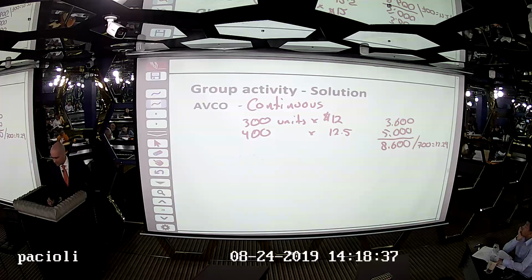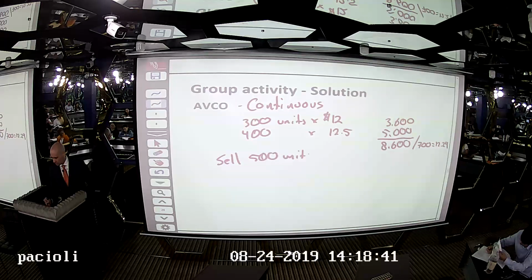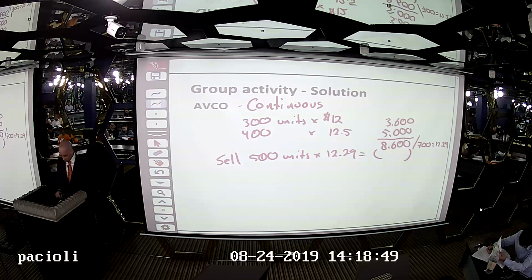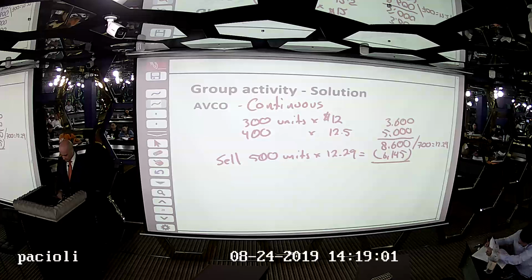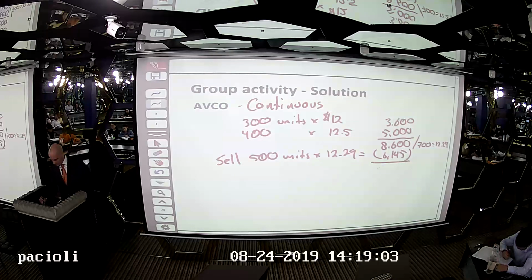$12.29, and then we sell 500 units times $12.29. So we sell 6,145, and we're left with $2,455. And 700 minus 500, we have 200 units.